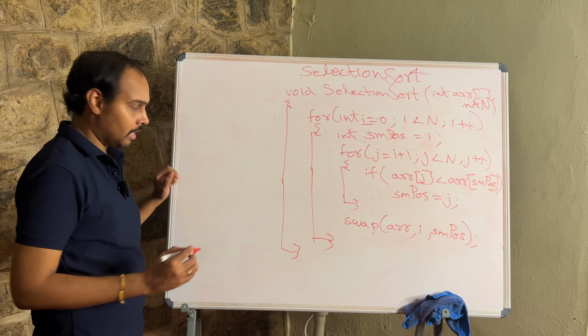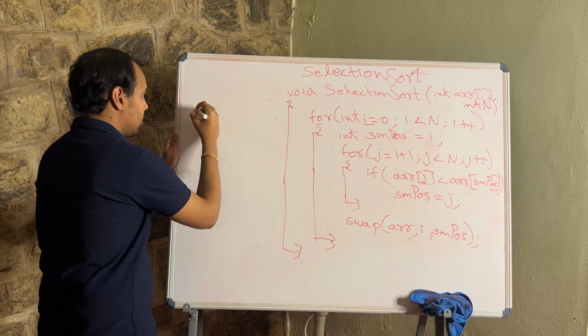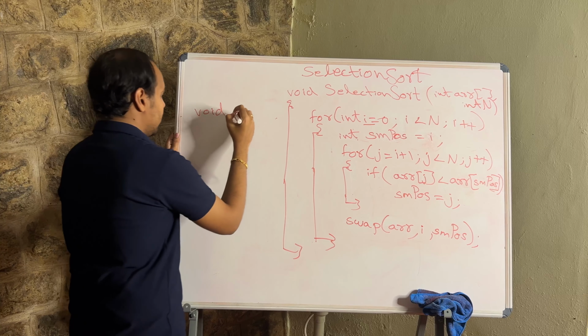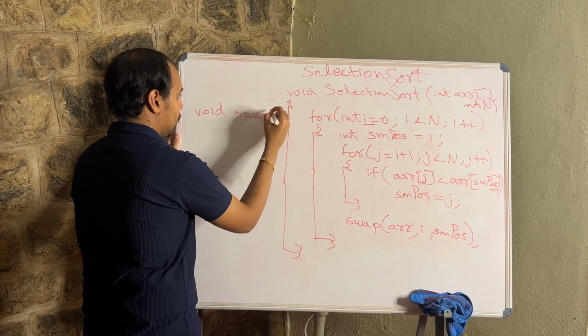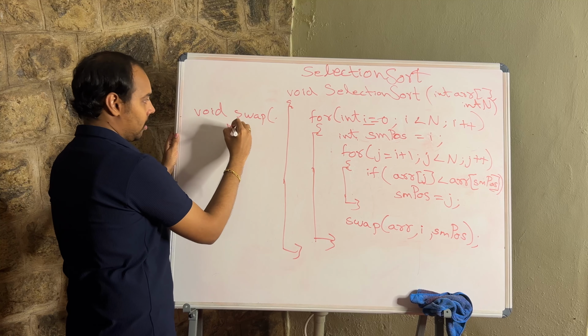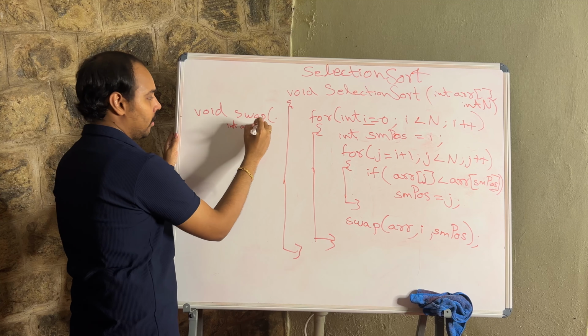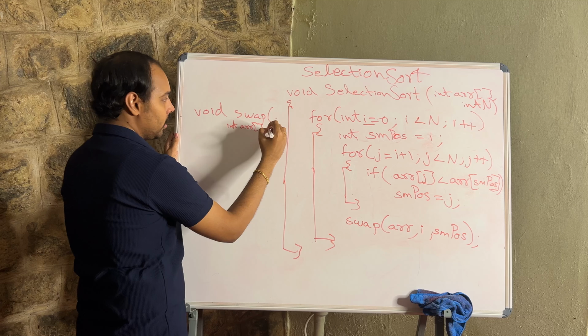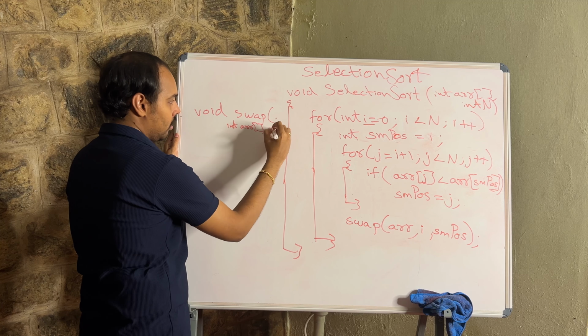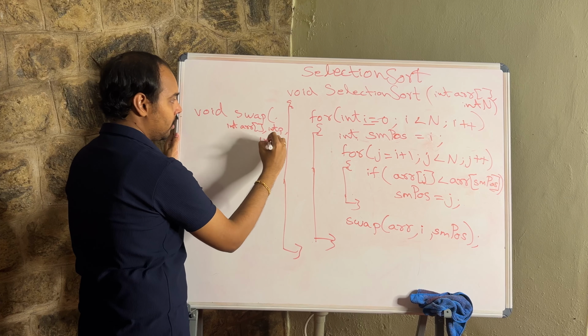Swap is just a simple function. Void swap, pass the array and the two positions, int p and int q.